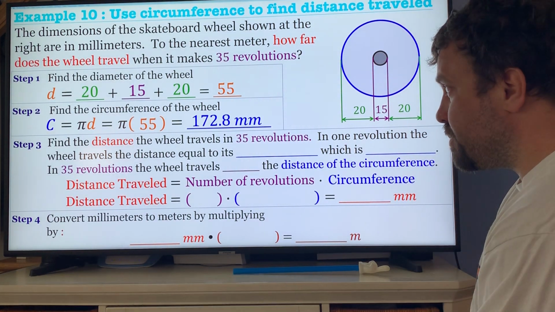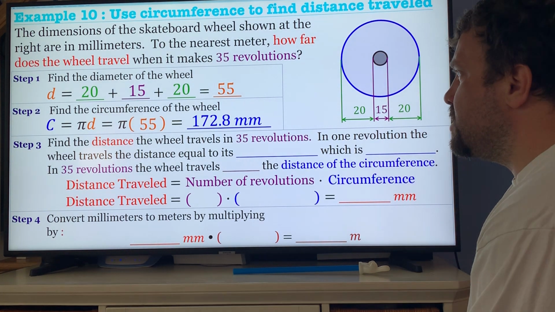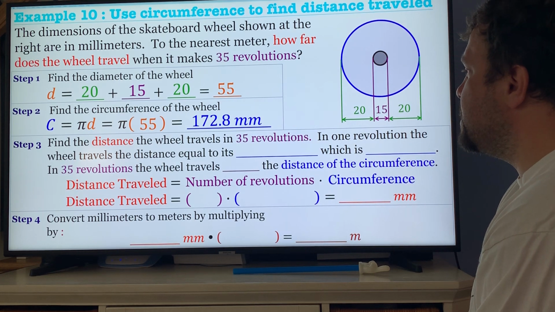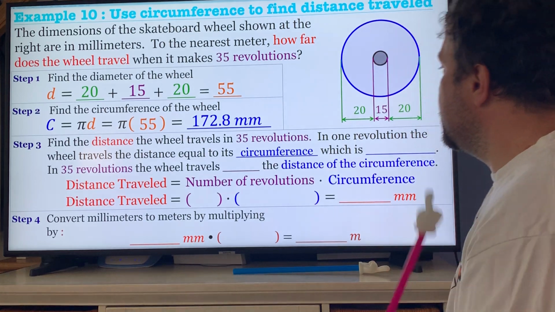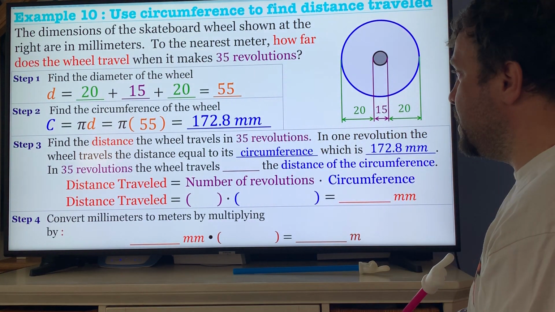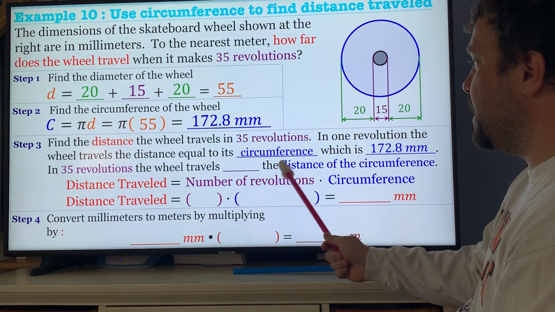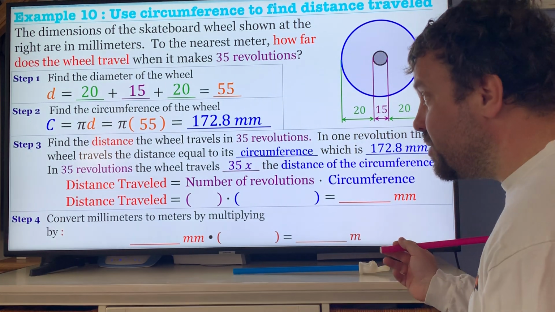All right? Find the distance the wheel travels in 35 revolutions. So if one revolution of the wheel travels a distance equal to its circumference, what's the circumference? 172.8 millimeters. In 35 revolutions, the wheel travels blank times the distance of the circumference. How many times? 35, because it's going 35 times.